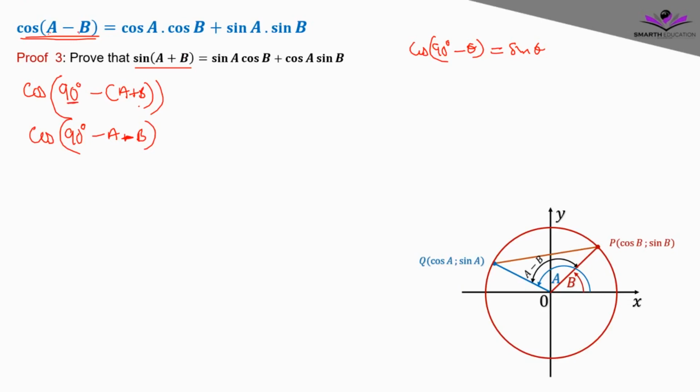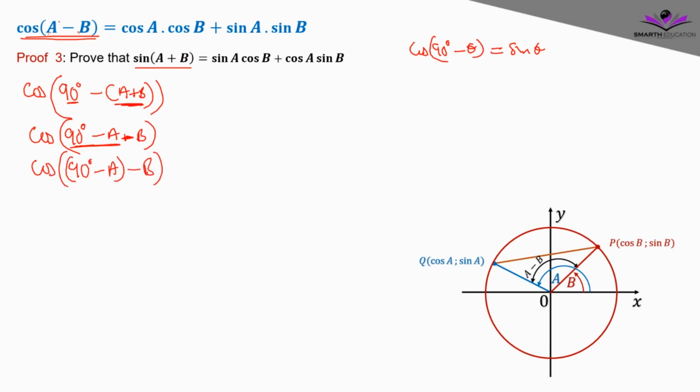You can say this is A, this is B, but we may not simplify this because we want the other one to be a co-ratio. So when it's like this, we can say this is cos((90 degrees - A) - B), like this. Now we have a co-ratio there, and then minus B like that.